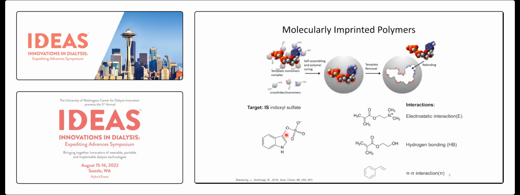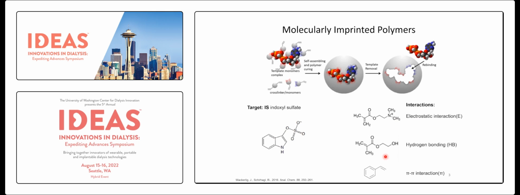It has oxygen atoms and nitrogen atoms which can form hydrogen bonding, and it has an aromatic indole ring, which can form pi stacking. Therefore, we designed monomers for electrostatic interaction, for hydrogen bonding, and for pi stacking.